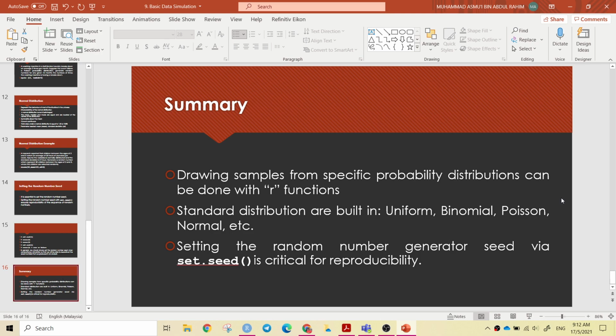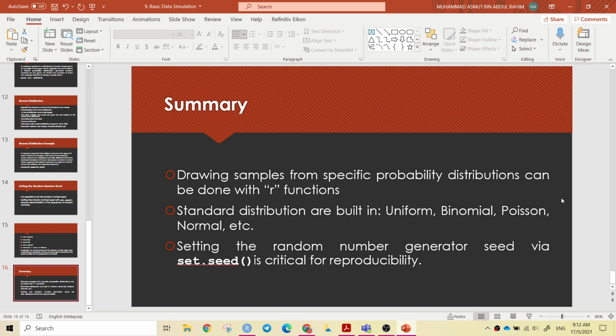Okay, and for summary, for random number generation, you have to put r, and then you choose the probability distribution, that is, the distribution on which you want to base your random numbers. In these examples we used uniform, binomial, Poisson, and normal.